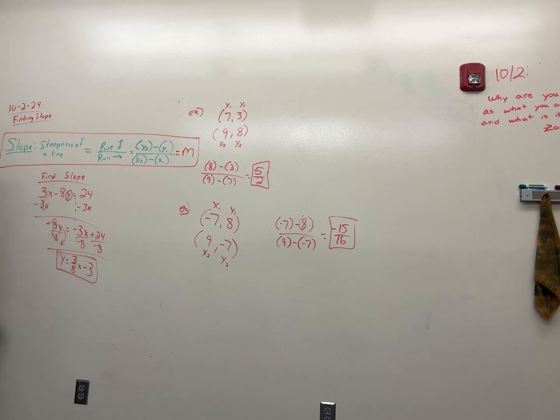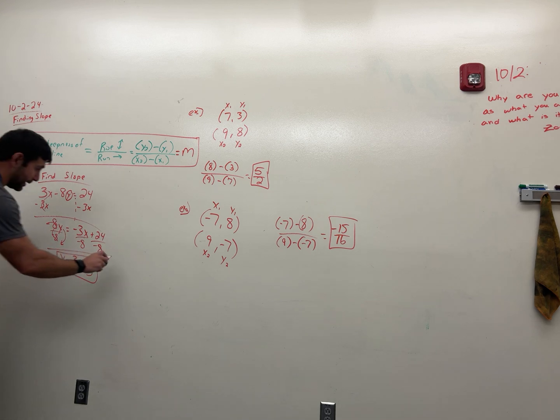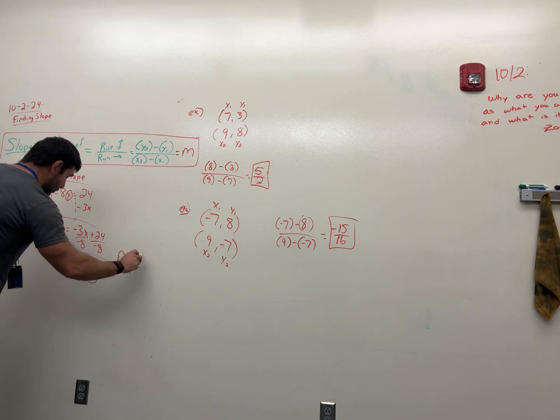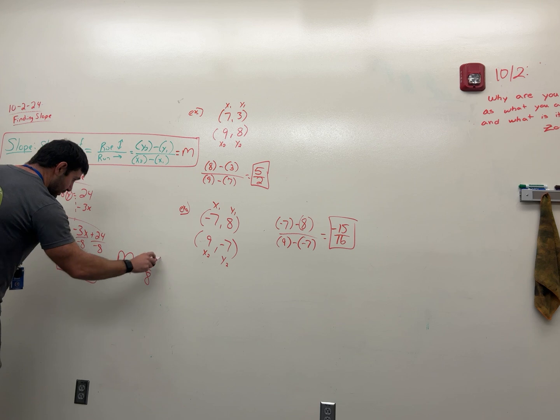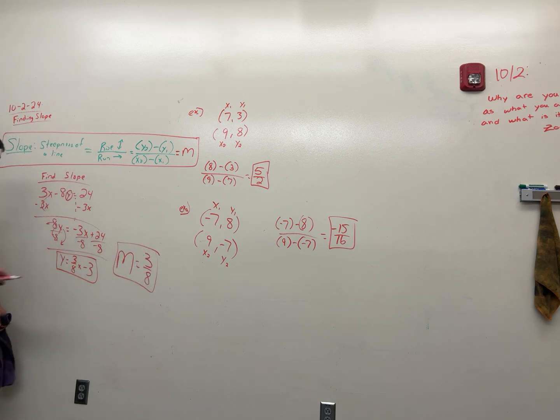Woo-woo! Is that my answer? I asked for slope. This is slope-intercept form. The coefficient in front of the x, once we've solved for y, just like the warm-ups, is my slope. So m, my slope is 3/8.